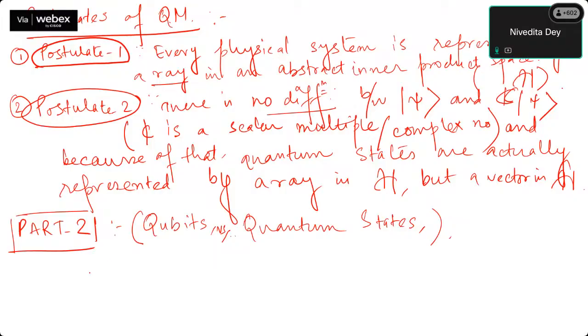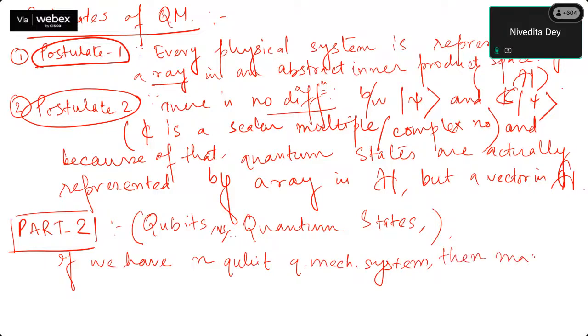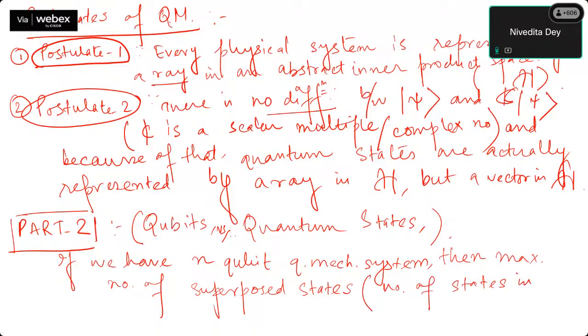If you remember the relation, if we have an n qubit quantum mechanical system, then the maximum number of states in superposition is 2 to the power n, and we represent it with the capital N symbol.